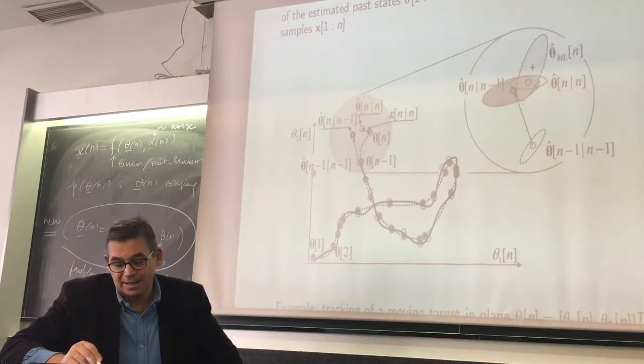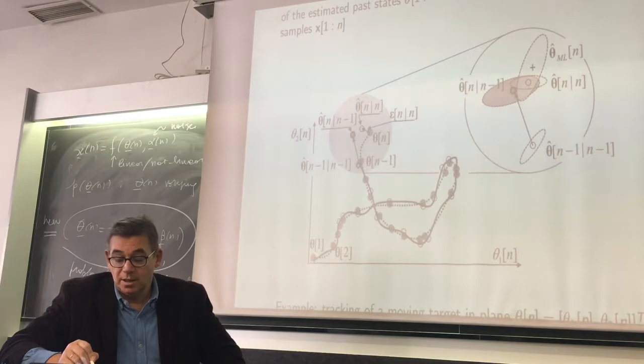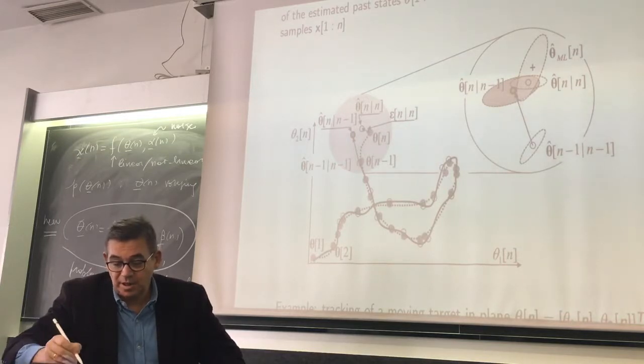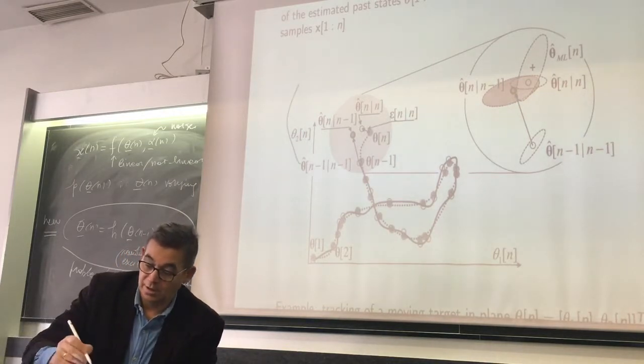And theta hat n-1 represents the estimated position of the target at the time n-1. Now this n-1 here is, in terms of notation, okay.